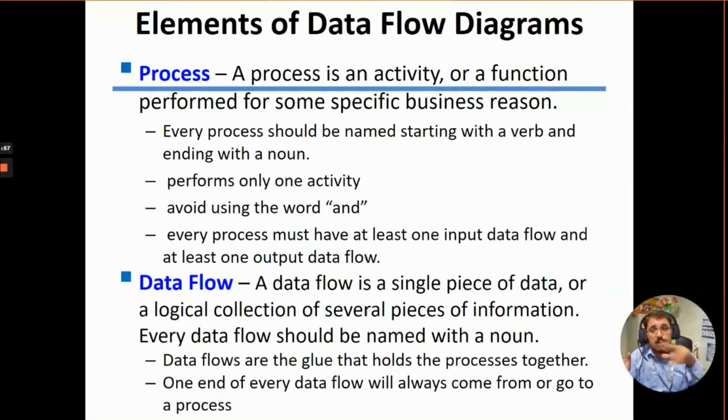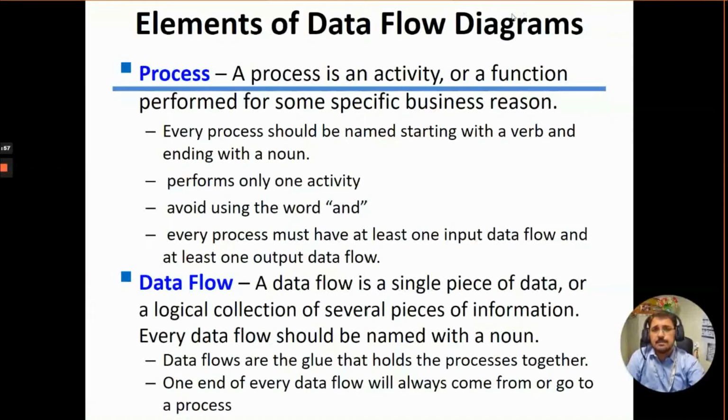If there is no input, the whole diagram is wrong. And if there is no output, the whole diagram is wrong again, because without output, why are we doing the process? It is useless, it is a waste of time, a waste of resources. This is about process.